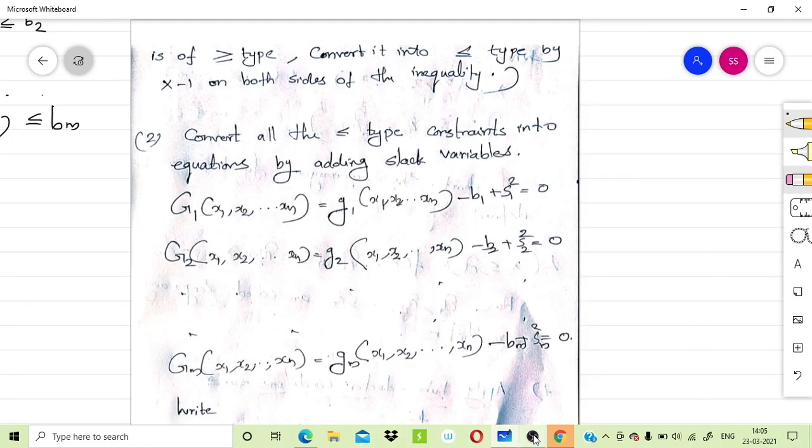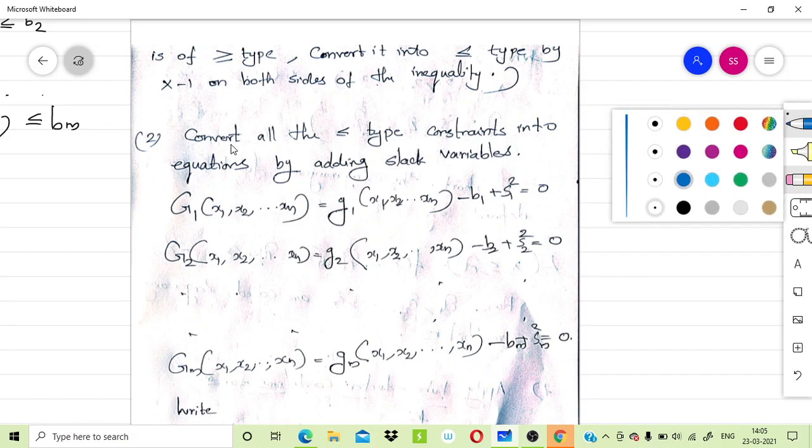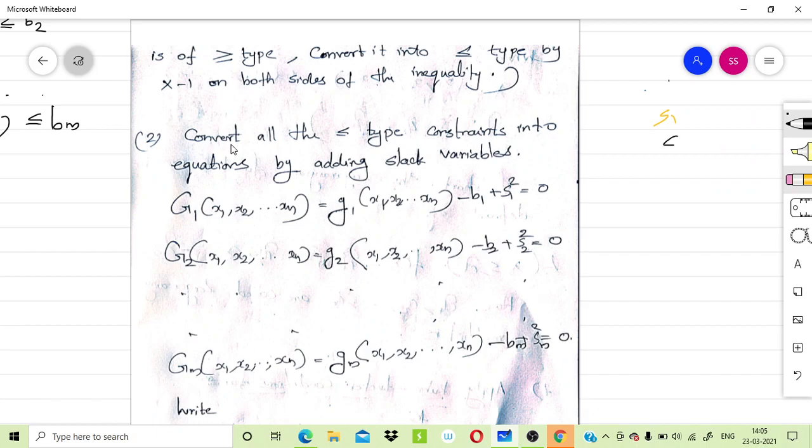Then the second step is to convert all the less than or equal type constraints into equations having an equal to sign, by adding slack variables. We introduce the slack variables, my notation is s1, s2, s3, etc. up to sm, because we have m number of constraints.